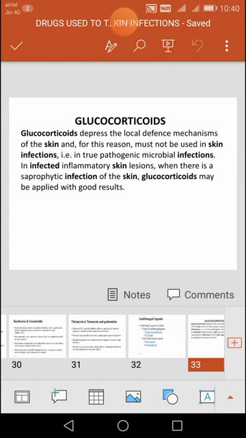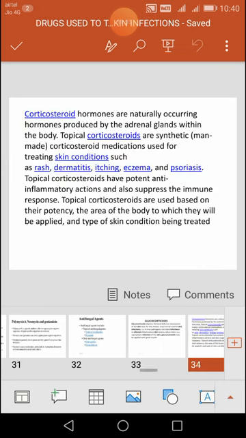Glucocorticoids depress the local defense mechanism of the skin, and for this reason must not be used in skin infections, in true pathogenic microbial infections. In infected inflammatory skin lesions, when there is a saprophytic infection of the skin, then these glucocorticoids may be applied with good result.